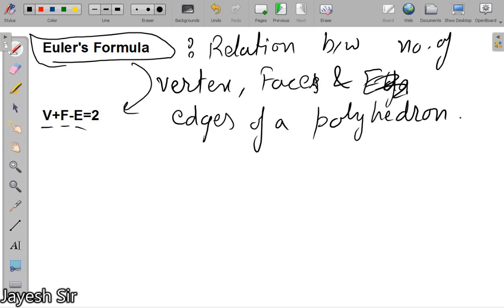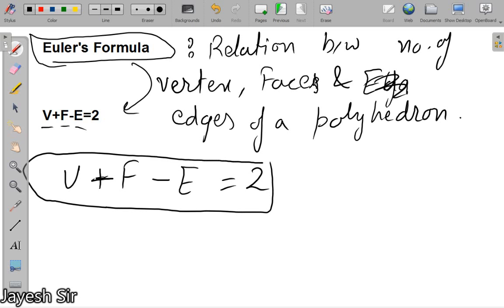This is what an Euler formula is. ये कहता है कि vertex plus face, number of vertices plus number of faces minus E, number of edges is always equal to 2. किसी भी पॉलीहेड्रन के लिए, भले ही प्रिज्म हो, पिरामिड हो, कोई सा भी.